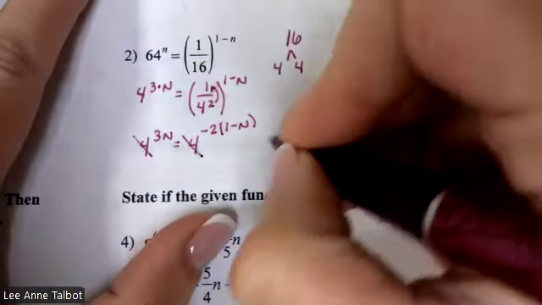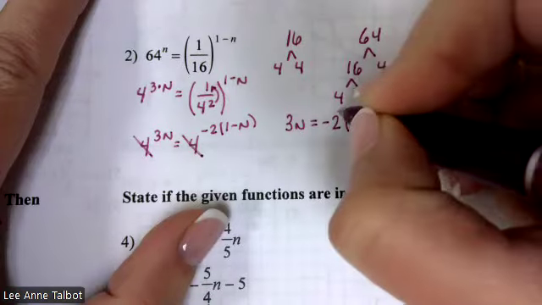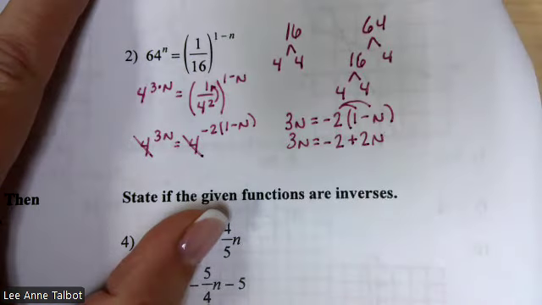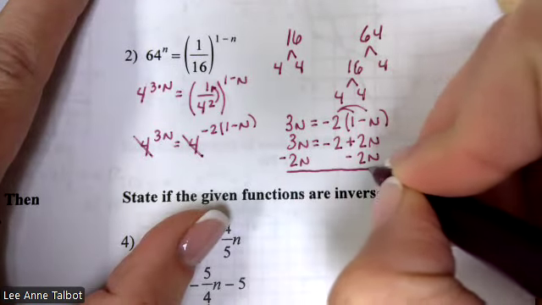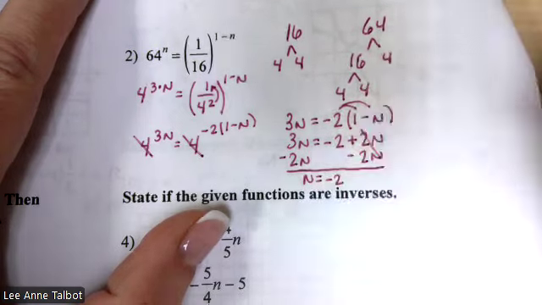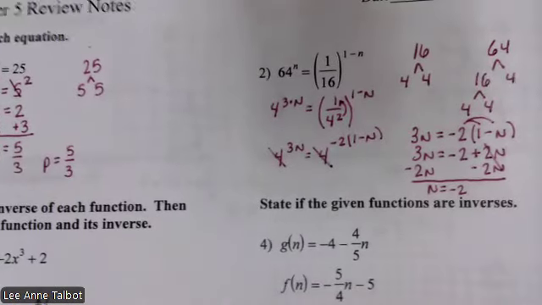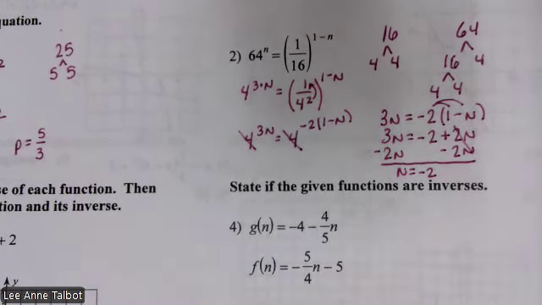So cancel. 3n equals negative 2 times 1 minus n. 3n equals negative 2 plus 2n. And I'm just letting that one sit there for a second.